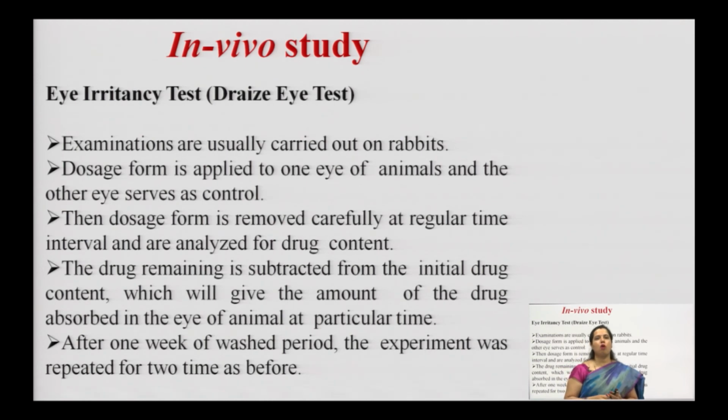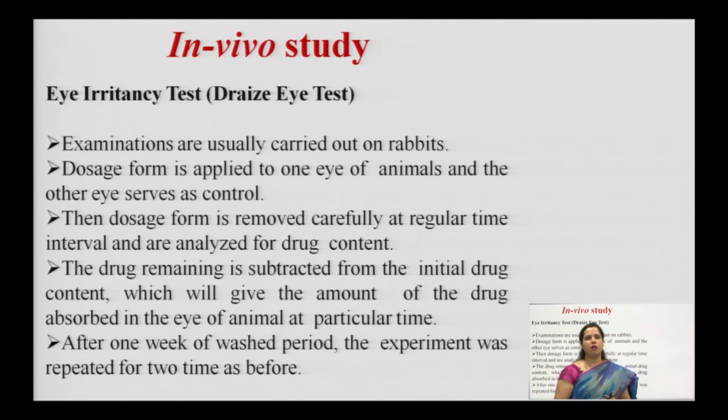Then the dosage form is removed carefully at regular intervals and analyzed for drug content, right. After sacrificing the animal, we check how much drug has penetrated to the eye layer or across the eye membrane, so that we can have an idea, as compared with the control group, how much drug has penetrated in the test group, right.